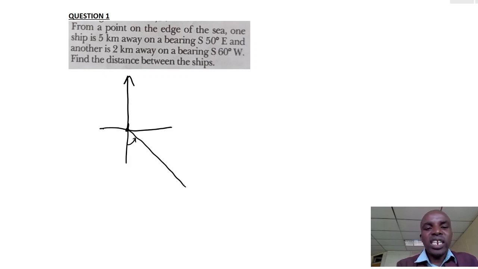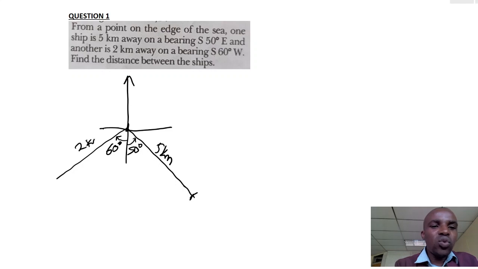The first ship is on this line, and the bearing is 50 degrees, which means the angle is 50 degrees, and the distance is 5 kilometers. So I can put the ship somewhere here. Then another is 2 kilometers away on a bearing of 60 degrees southwest, from south going to the west. The angle is 60 degrees, and this distance is 2 kilometers.